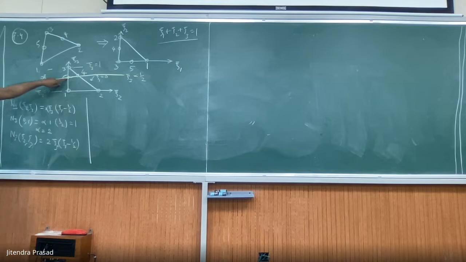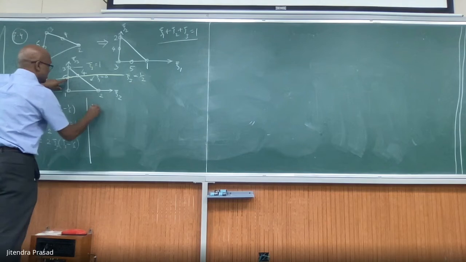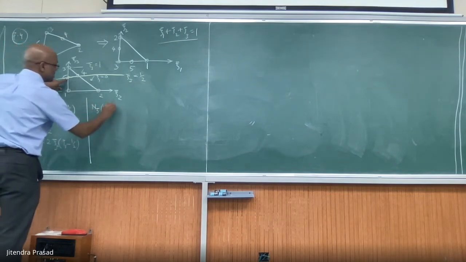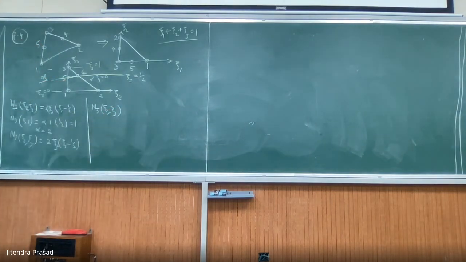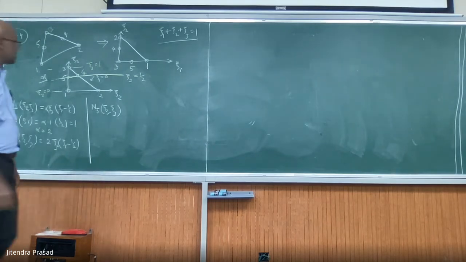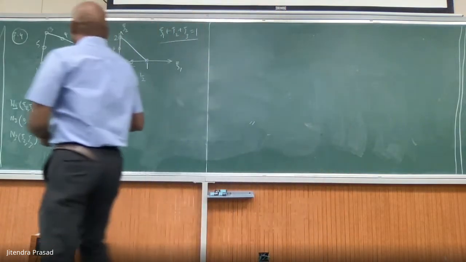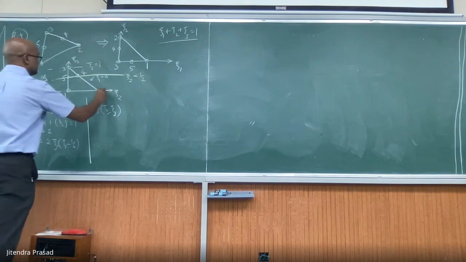Okay, so if we want to find out N5 of xi2, xi3, then what happens? What is the equation there? You tell me, two lines basically will take care of those. The 3 by 4 side, side 3, side 1.